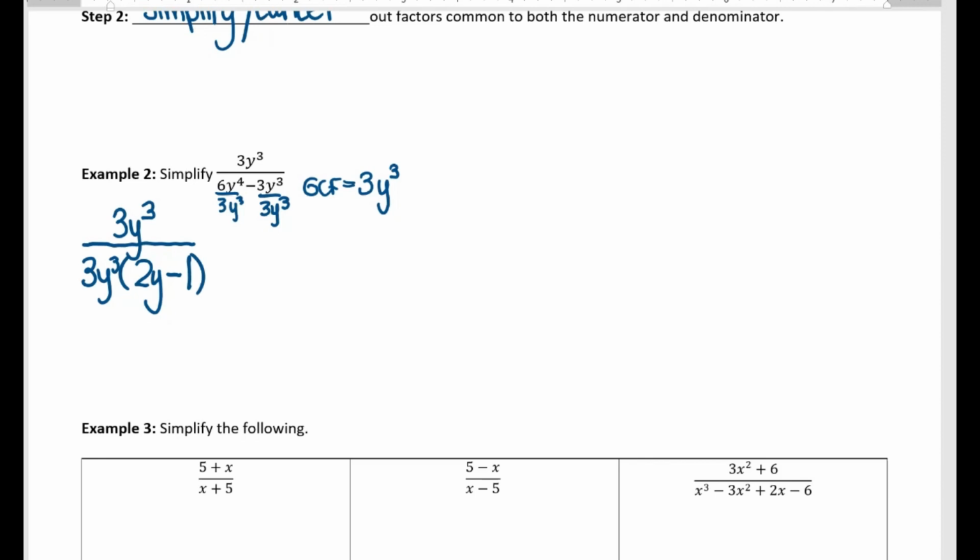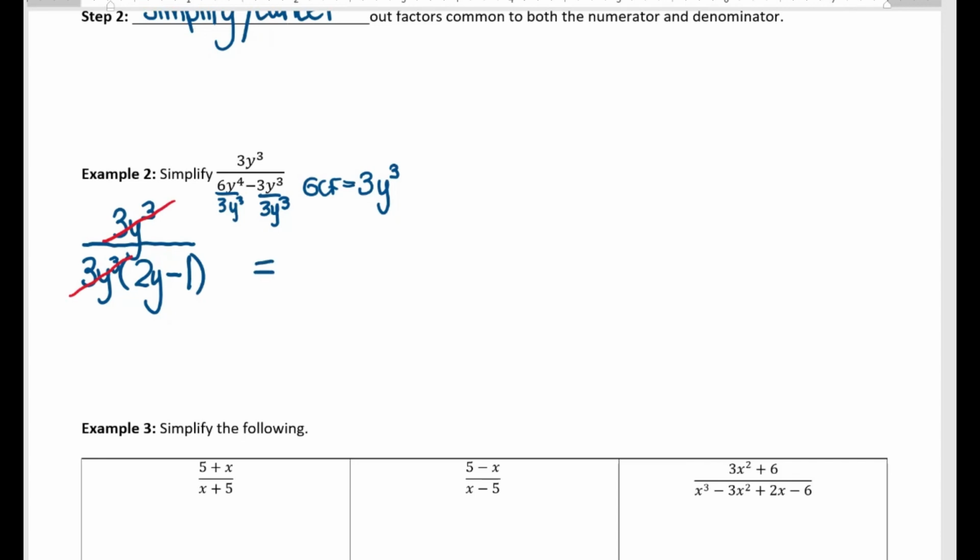They're the same. Now notice that I have 3y cubed up top and in the bottom. Now it's multiplied by something instead of being added or subtracted. So we can cancel the 3y cubed in top and bottom. Our answer is not going to be 2y minus 1 because the denominator is like mathematical Vegas.